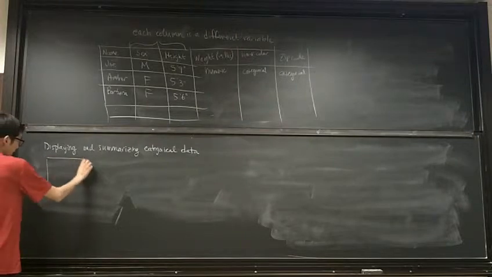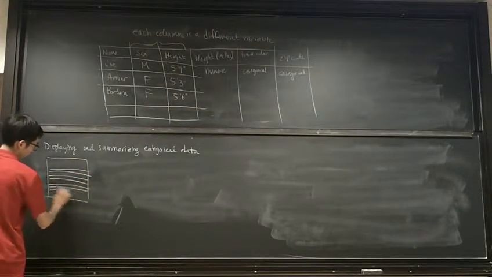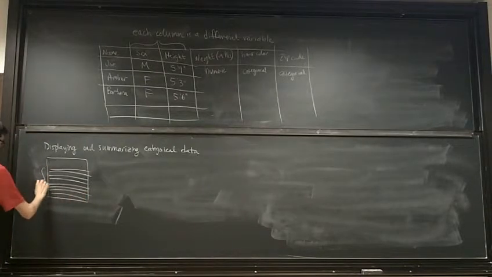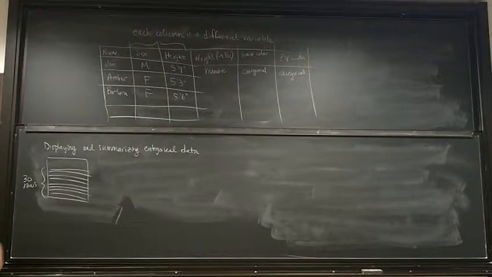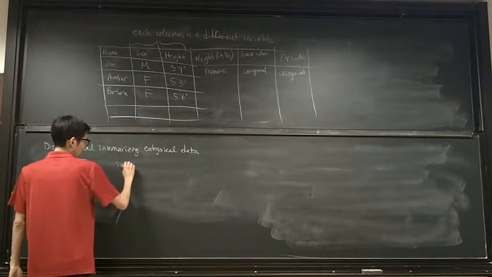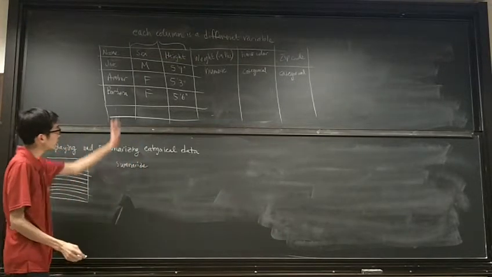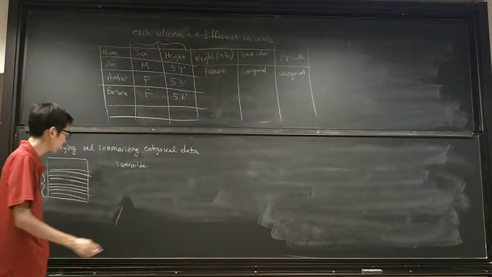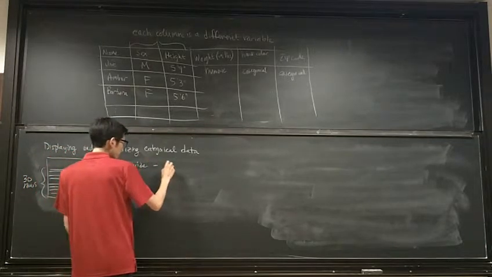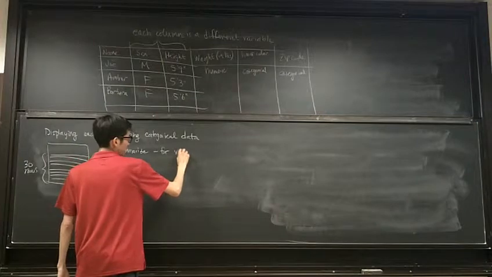So just imagine I've got a table. I would have 30 rows, one for each student. So if I want to summarize for one variable, for sex, okay?